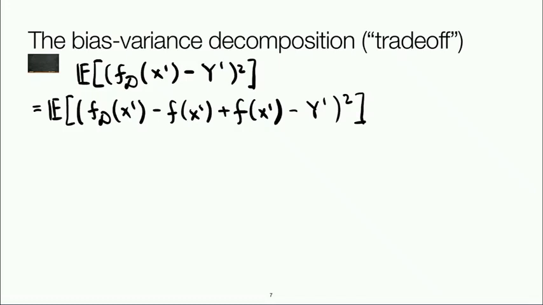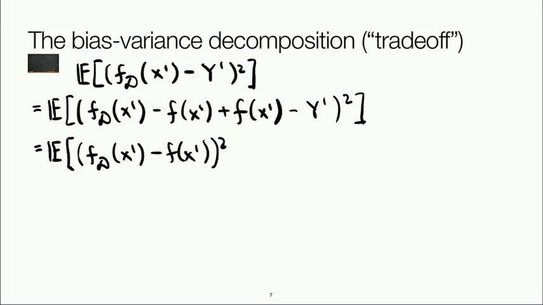I don't have enough room on the slide to show you, but let me write it out first, and then I'll explain what's going on. So we have this thing minus f of x prime squared. Okay, so that's the first term that I get here.